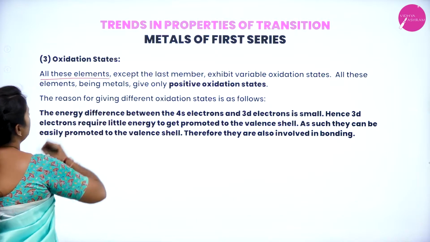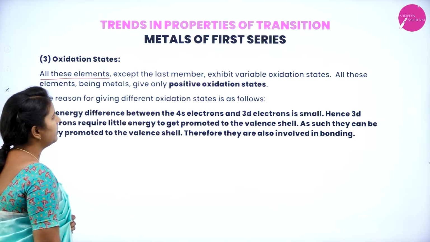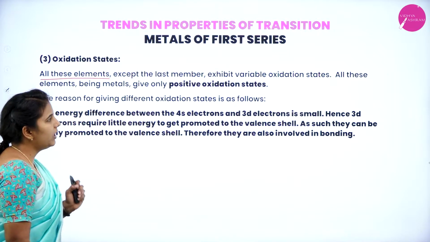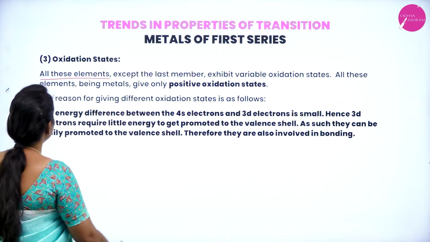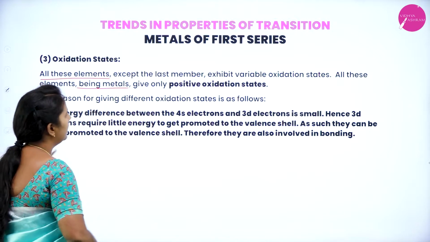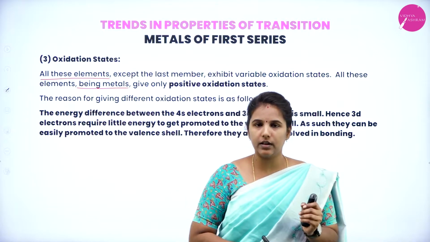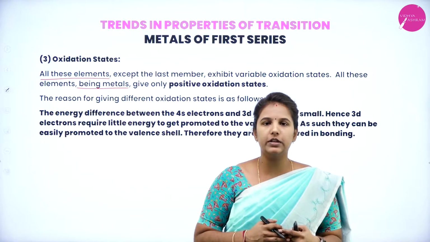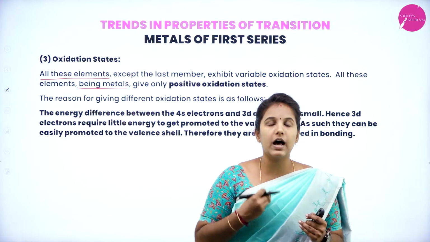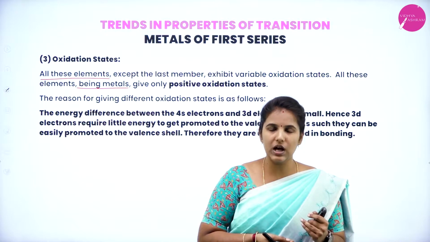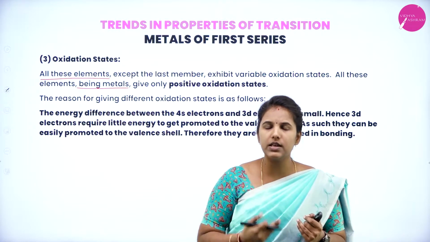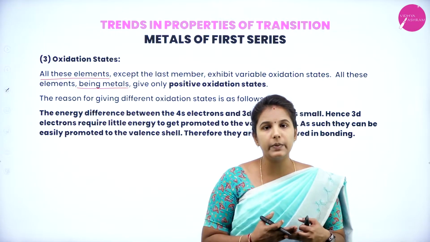All these elements except the last member show variable oxidation state, and all these elements being metals, they show only the positive oxidation state. So already we have understood that all the D block elements are metal in nature, and the oxidation state is variable.